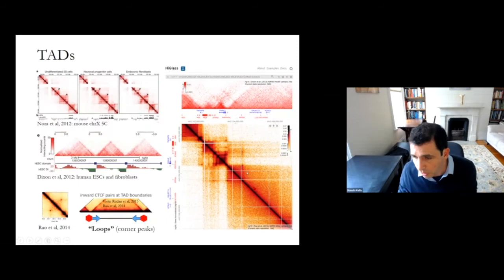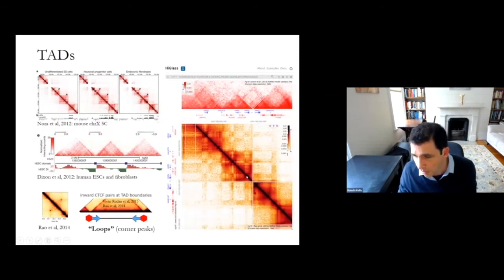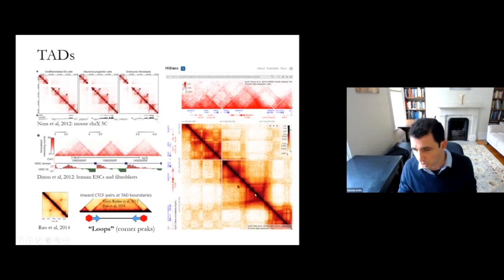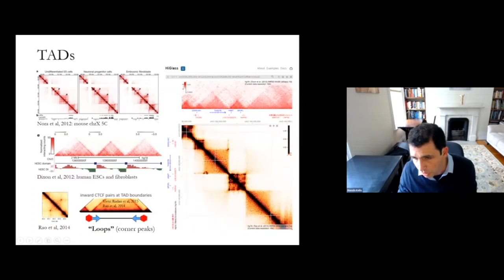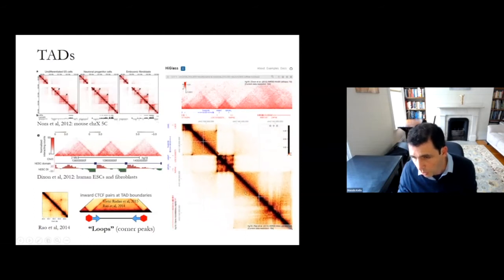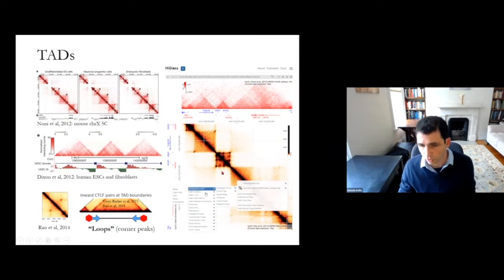So we can zoom into those, scroll across the genome, and then start getting some insights as to what the genome actually looks like. And you can see these patterns here where there's the same region interacting with many other regions, where there's an interaction out here, another interaction there, and so on and so forth.